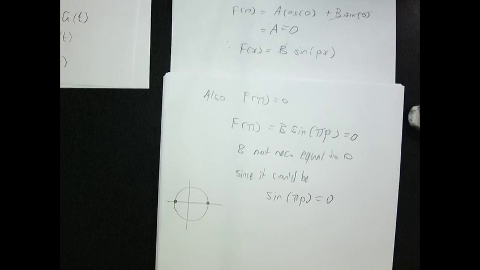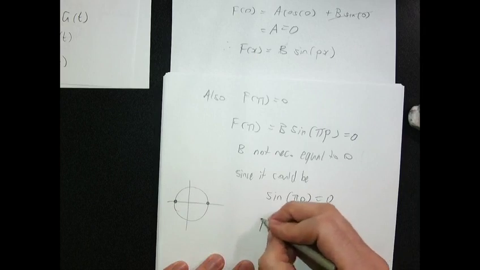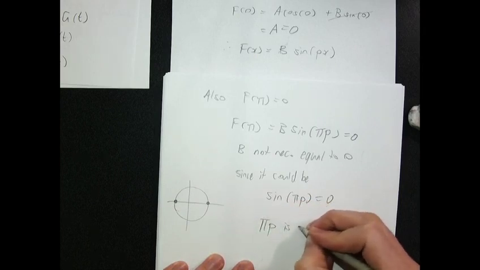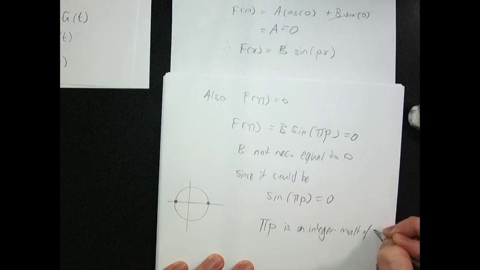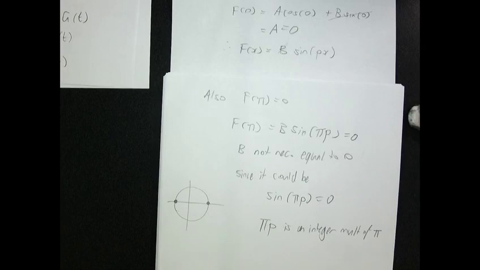So that means that pi p would have to be an integer multiple of pi. Now p is a positive number. I actually should have told you that at the beginning when I said that k is p minus p squared. No particular reason. We can choose it to be positive and it'll be fine.